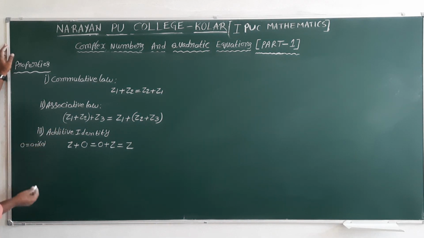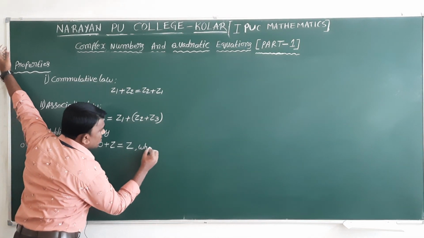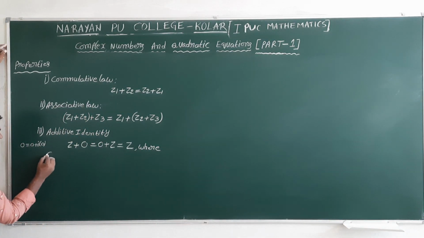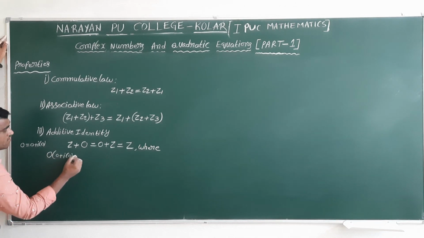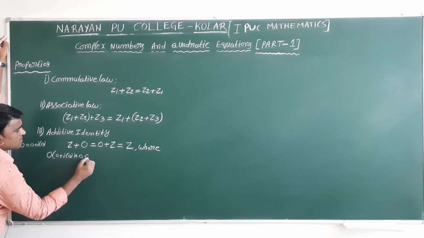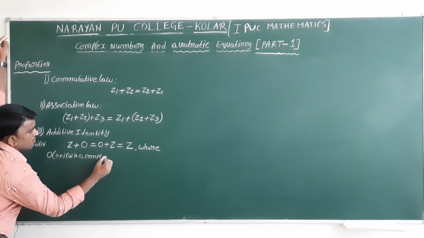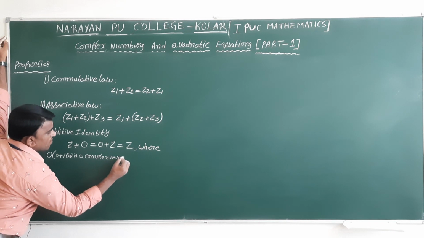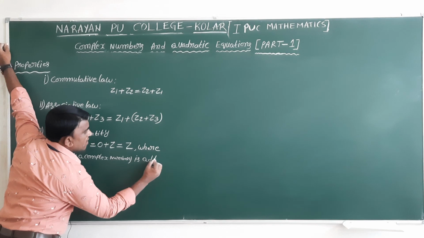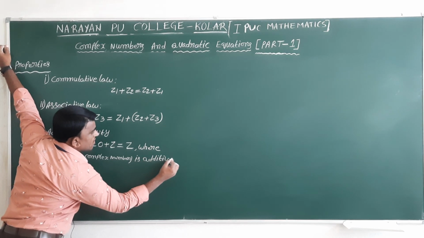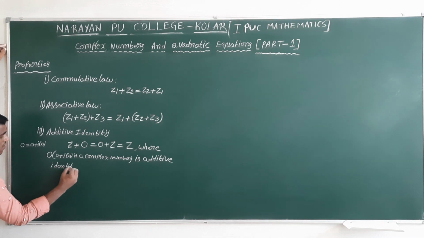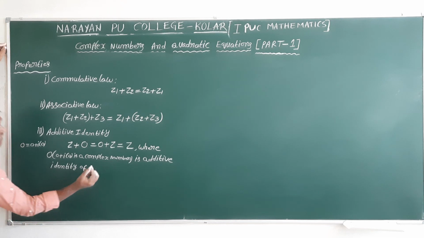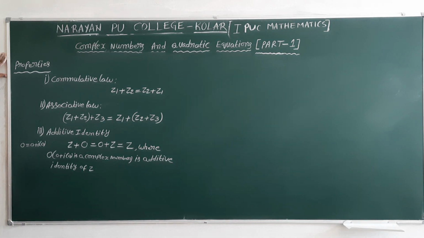That is the additive identity, where O is 0 + i into 0, a complex number. So simply, O is the additive identity of the given complex number Z.